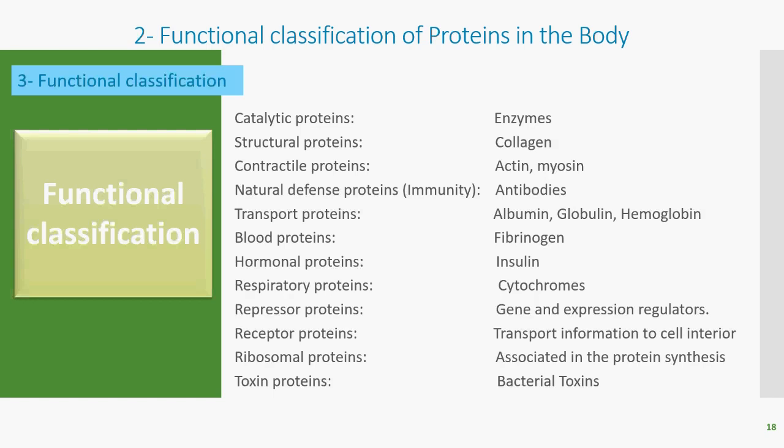The ribosomal proteins are associated with the protein synthesis, where the translation takes place, and the polynucleotide will be transformed into the amino acid sequence or the primary structure of the protein. The toxin proteins, like the bacterial toxins, as we mentioned in the first slide of the introduction, or you can have some types of proteins or amino acids in the form of plant toxins or bacterial toxins.